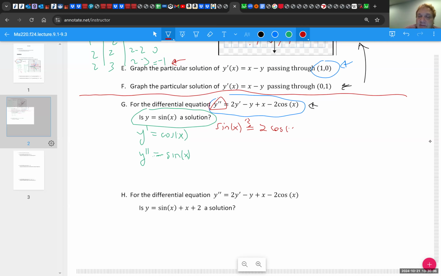Again, my pen's a little slow. And then minus y. Now y is right up here. y is sine x, right? It was given as the original information, so that would be sine x.